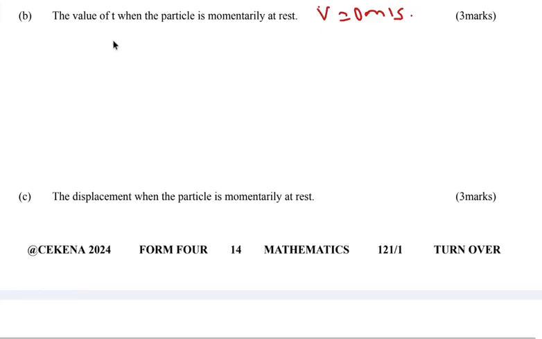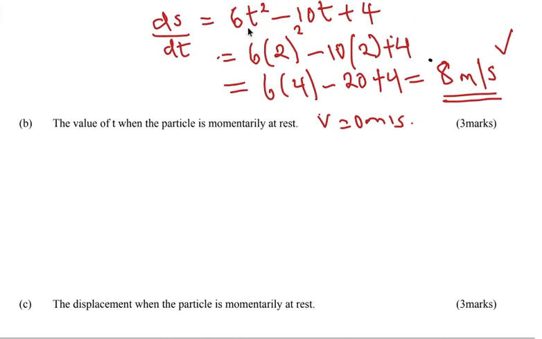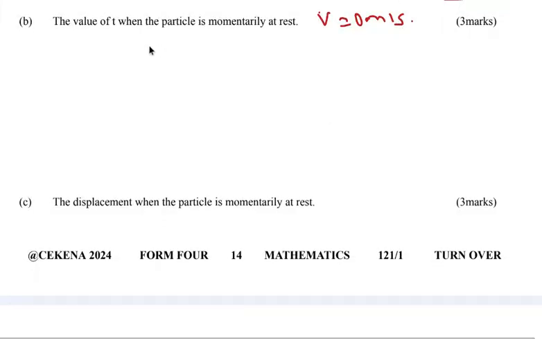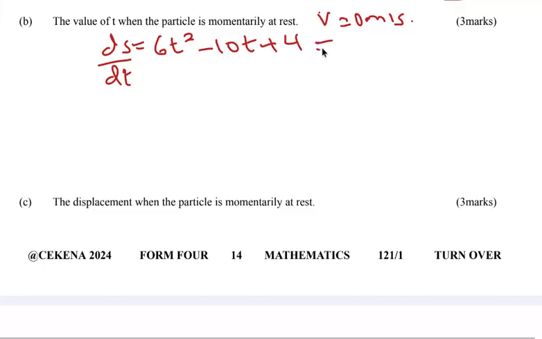So what you do after that, wachukua ile velocity function yako, which is 6t squared minus 10t plus 4. So this is your ds over dt. So what you do afterwards, you equate this velocity function to 0 so that you can find the value of t.